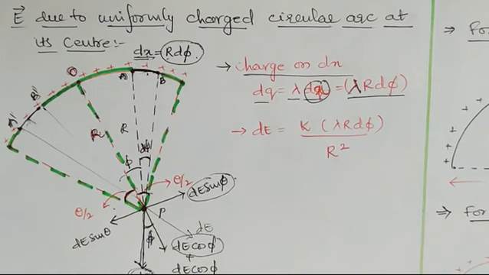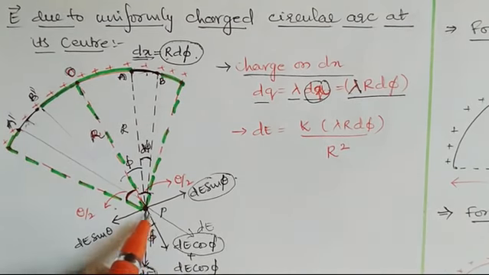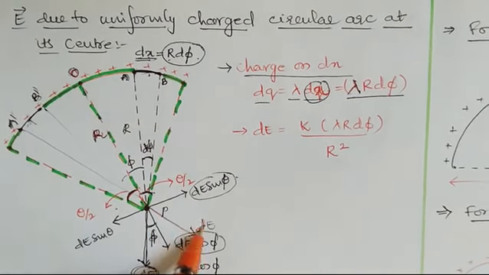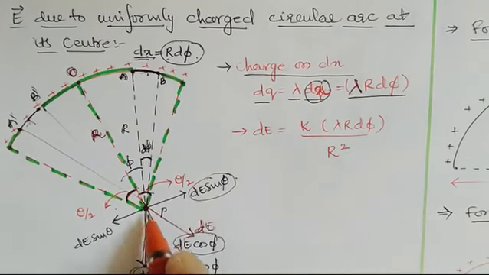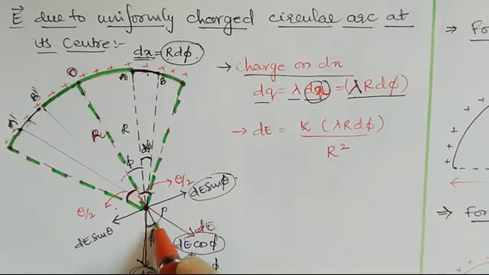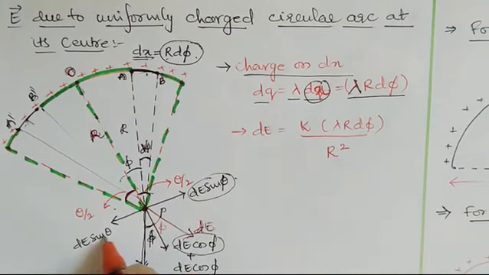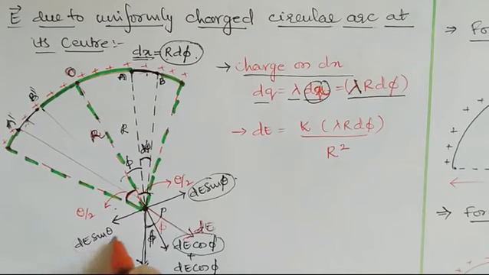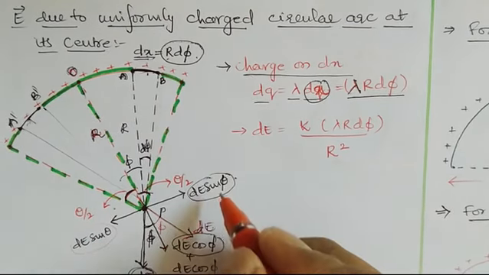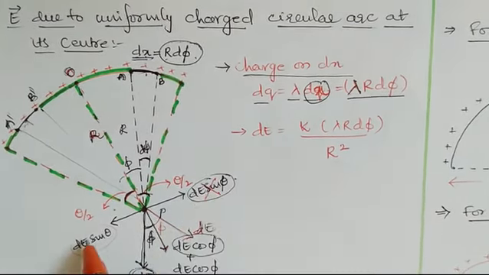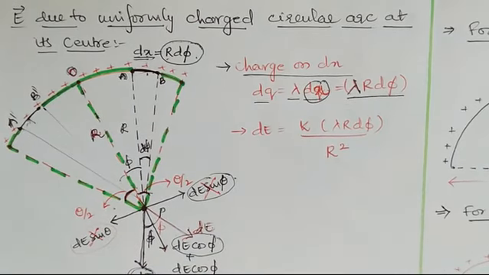I will draw it with a red pen. This will form dE, and it will have components. Again, this angle will also be equal to phi. So this will be dE cos phi, and its other component will be dE sin phi. Now this dE sin phi and this dE sin phi get cancelled.